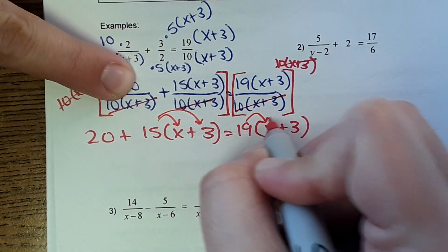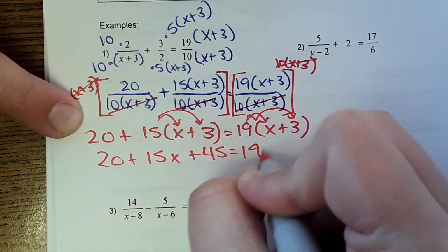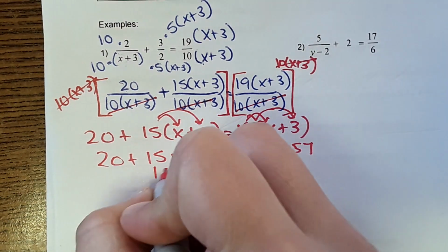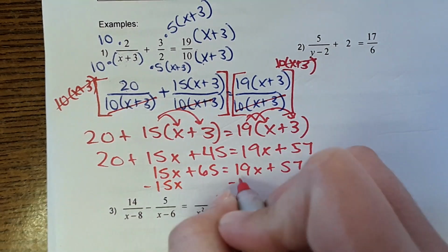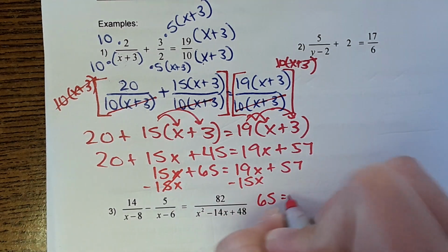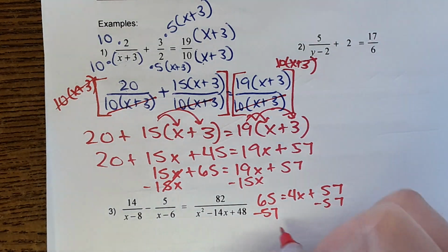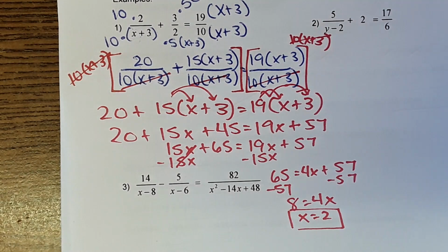Distribute meaning multiply that by both of these terms and write it out. 20 plus 15x plus 45. 19 times 3 is 57. Okay, and we get x equals 2.